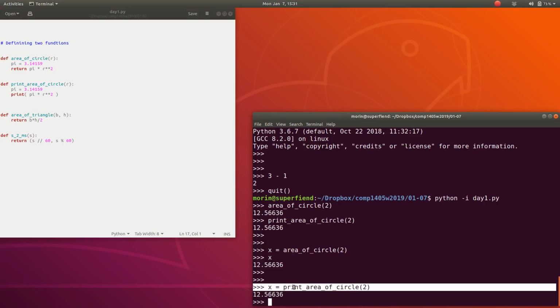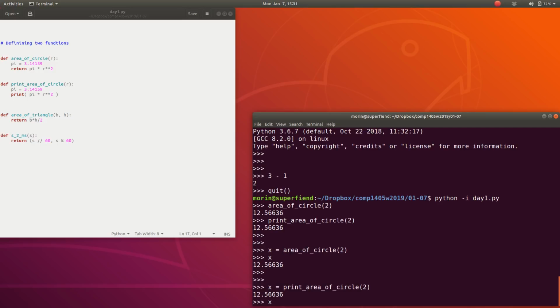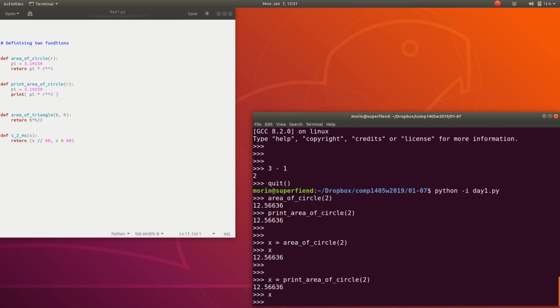Here, something got printed, which is already a distinguishing feature, but the really different thing is that x now has no value. So this function here, print area of circle, doesn't return anything.